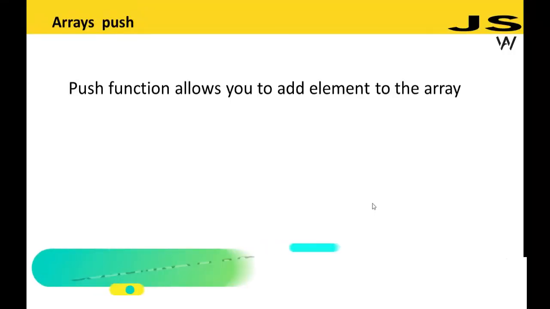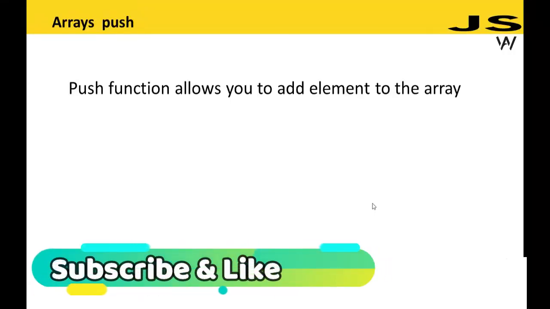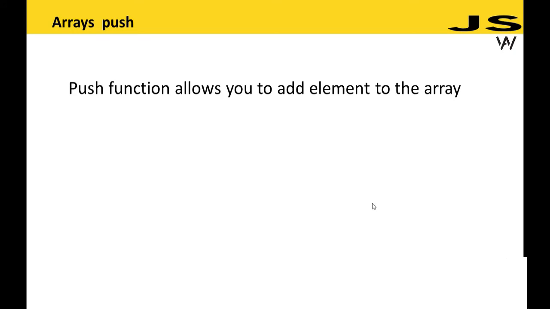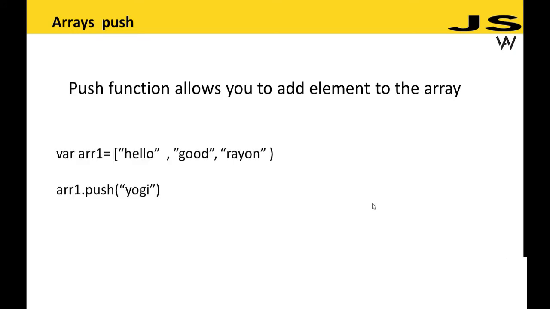We will talk about the functions, like we saw in the first video about arrays, the property length. Here we will use just a built-in function that allows us to add elements to the array. For example, I have an array that contains 3 elements: hello, good, and Ryan. This is just a random 3 elements.